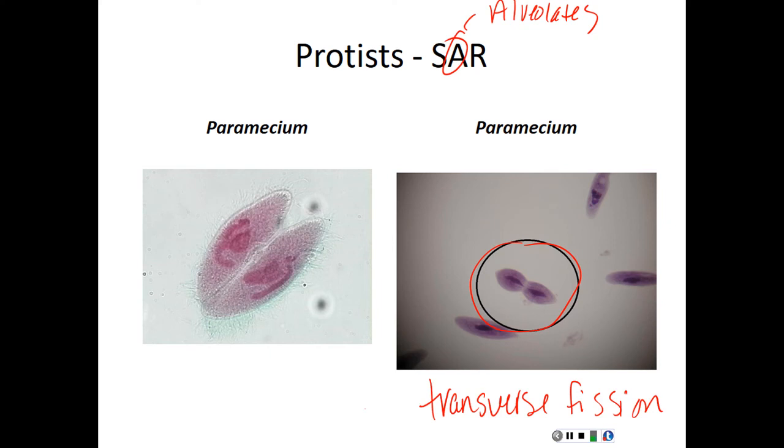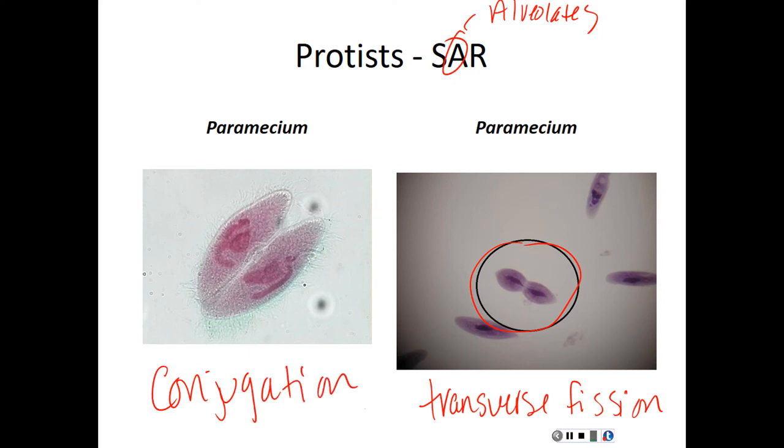This is very much like binary fission that we see in bacteria, and it's all well and good. However, it doesn't generate any sexual recombination, so that's problematic. The way that the paramecium generates new genetic combinations is through a process called conjugation, which is what you're seeing here.